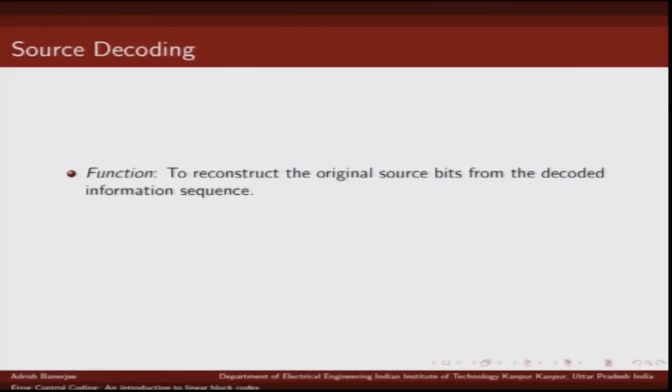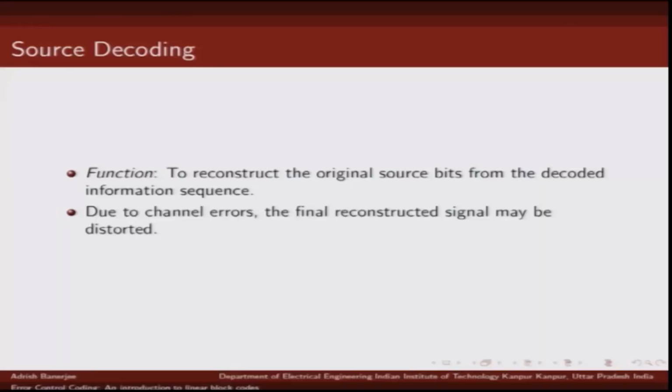From the compressed data we would like to get back our original source, and that is the source decoder. It reconstructs the original source bits from the decoded information sequence. And of course, if there are errors, then our final decoded sequence would not be the same as what was transmitted. So, with this I will end this lecture. Thank you.